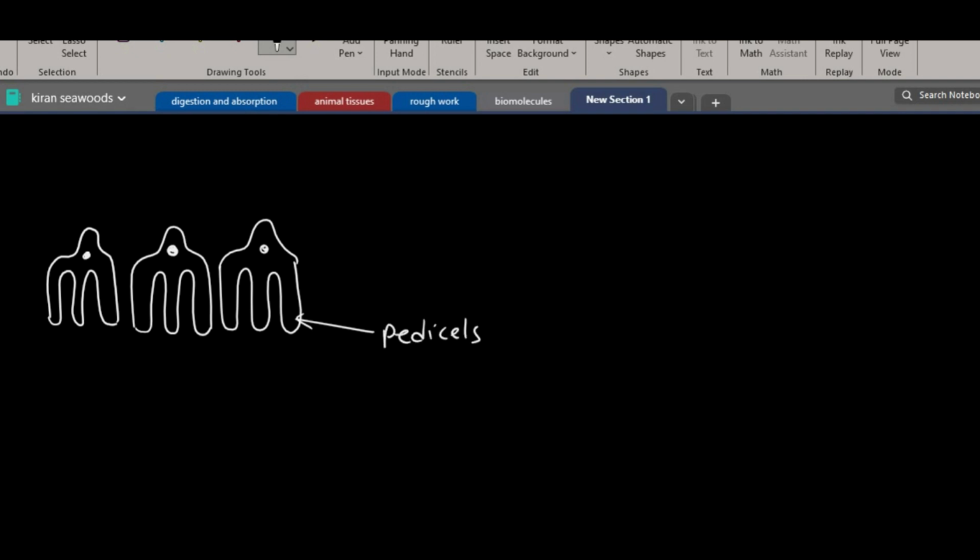And the space between these pedicels, here I will be drawing that with yellow color, is the space through which the filtration will be occurring. These spaces are called as slit pores. This is the thing which is going to help in the filtration. They are very fine.